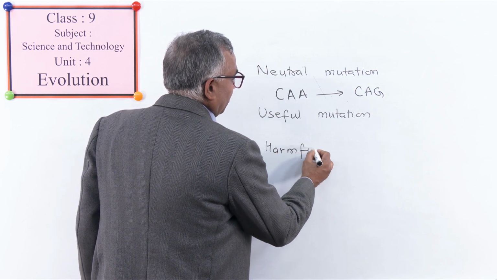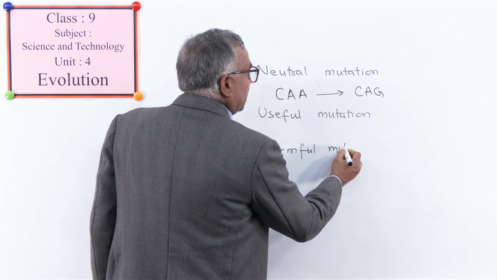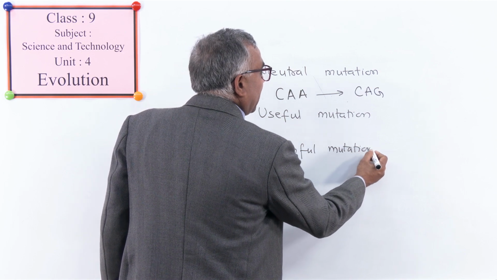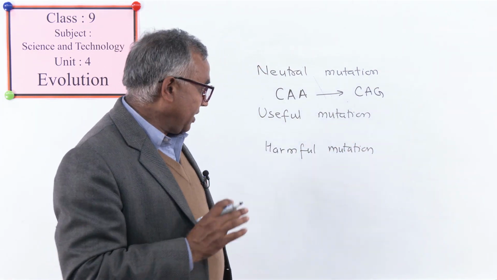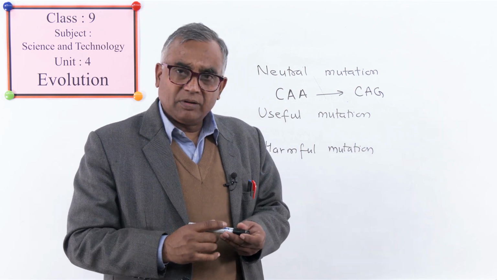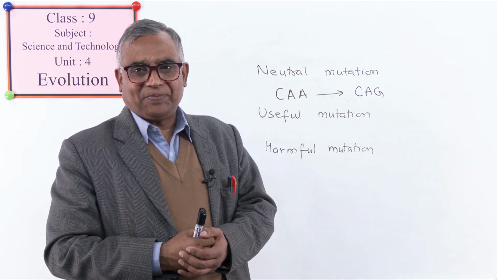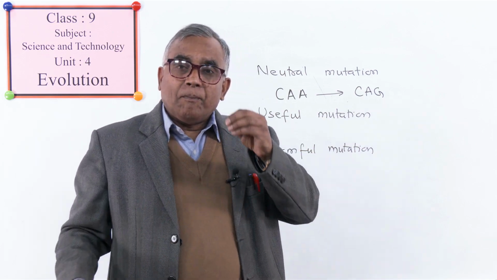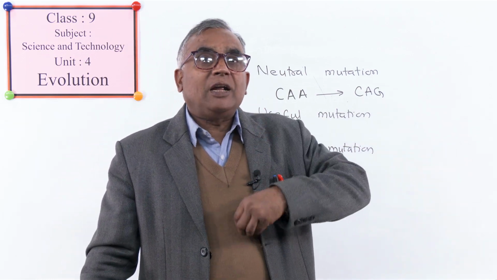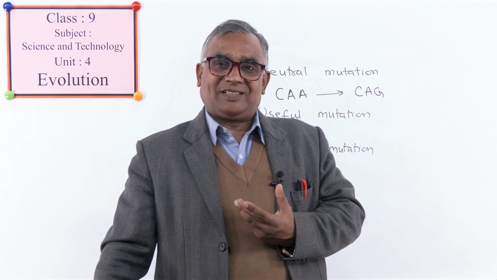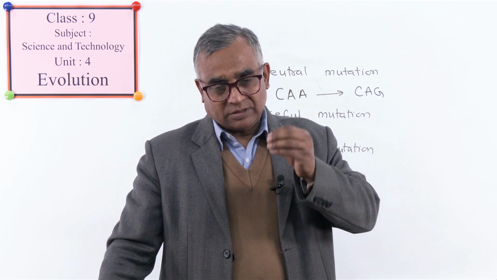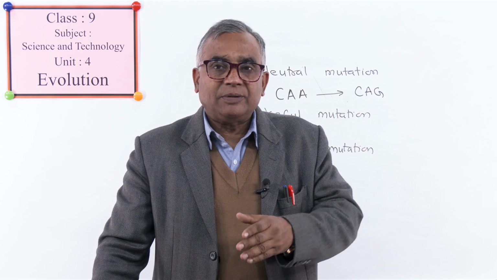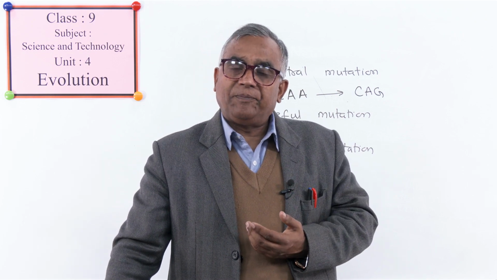Harmful mutation is the variation caused by a mutation that harms an organism. This mutation in our body may cause the formation of more mucus, and that obstructs respiration inside our body.